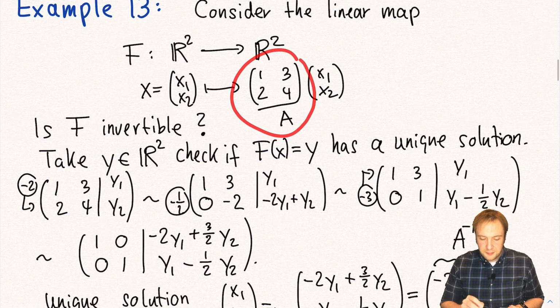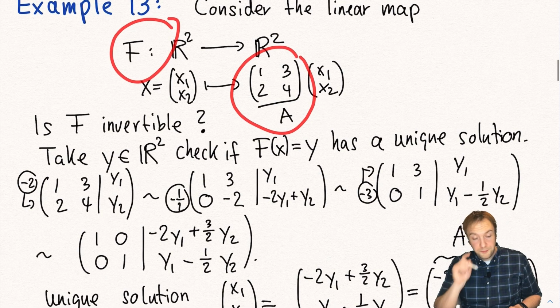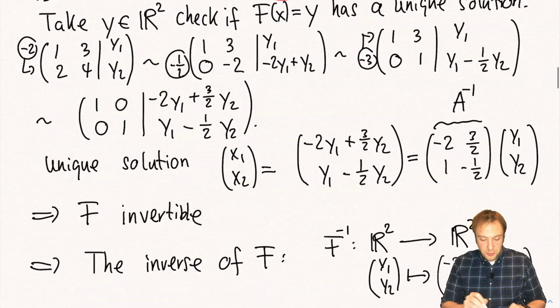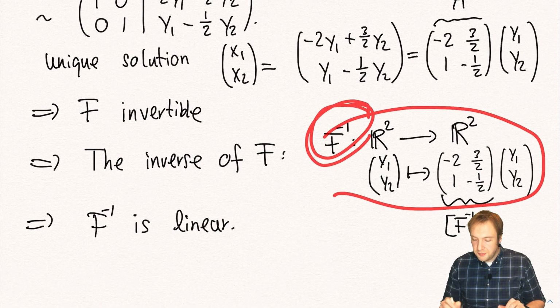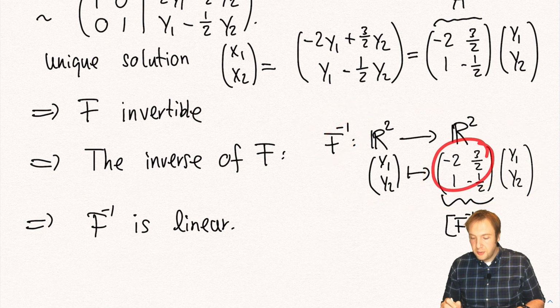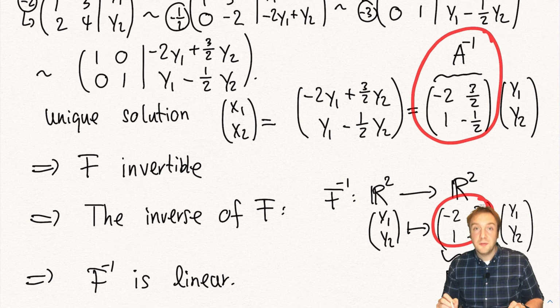Because this A is the matrix of a linear map F, and then we calculated the inverse. The inverse is again a linear map, and the corresponding matrix we say is the inverse of this matrix A.